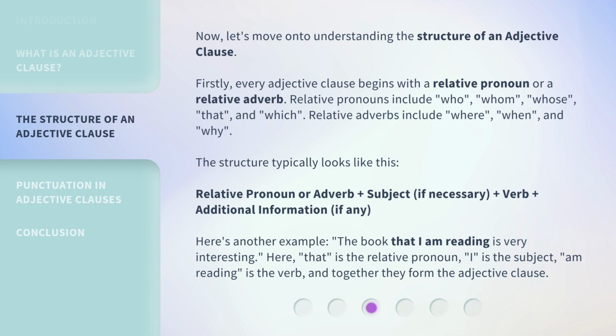The structure typically looks like this: relative pronoun or adverb plus subject, if necessary, plus verb plus additional information, if any. Here's another example. The book that I am reading is very interesting. Here, that is the relative pronoun, I is the subject, am reading is the verb, and together they form the adjective clause.